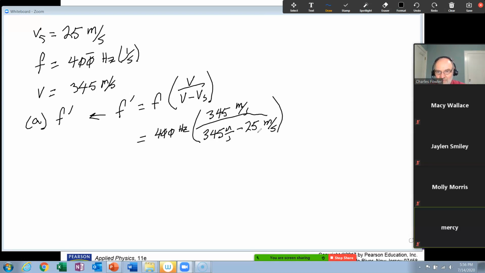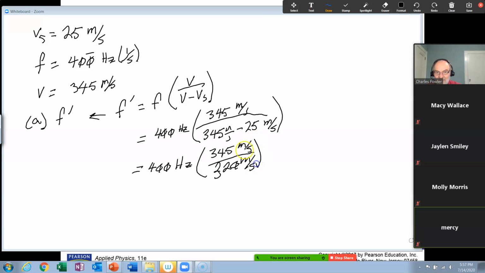So what this gives you is 400 hertz multiplied by 345 meters per second divided by 345 minus 25, which is 320, right? Meters per second.